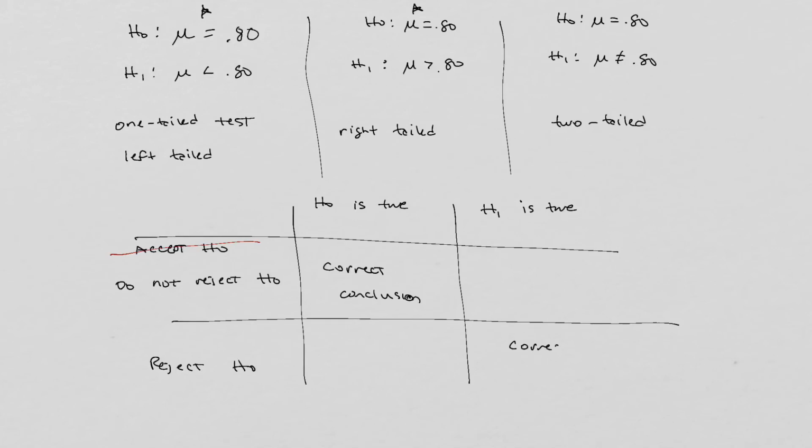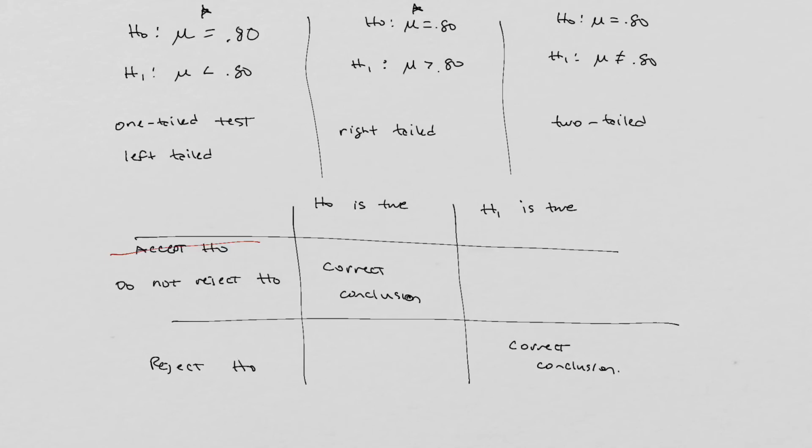That's also a correct conclusion: their claim is wrong and we found evidence to support that. So those are the two ways things can go right.